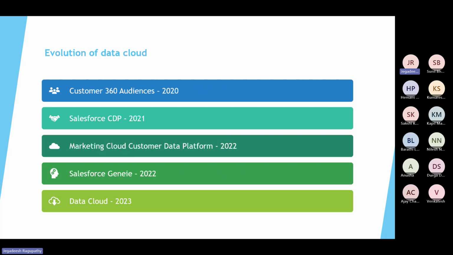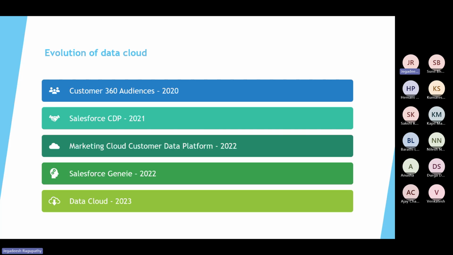Initially, we used data cloud only in the marketing cloud platform under the name of Salesforce CDP. In the year 2020, it was introduced as Customer 360 Audiences. Then in 2021 it was called Salesforce CDP. CDP stands for customer data platform, where they used it to get the 360 view of customers in the marketing cloud.